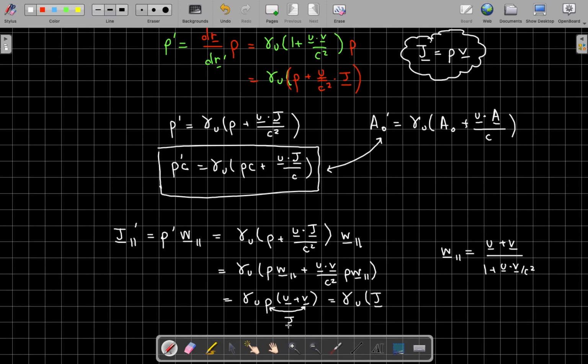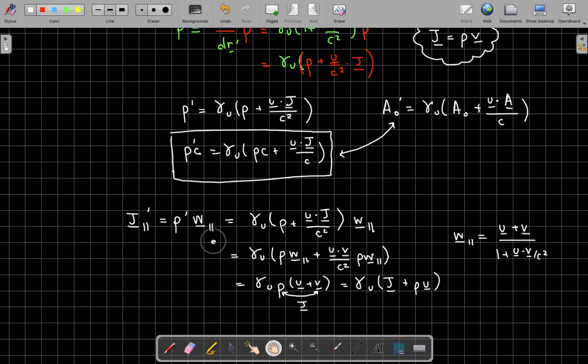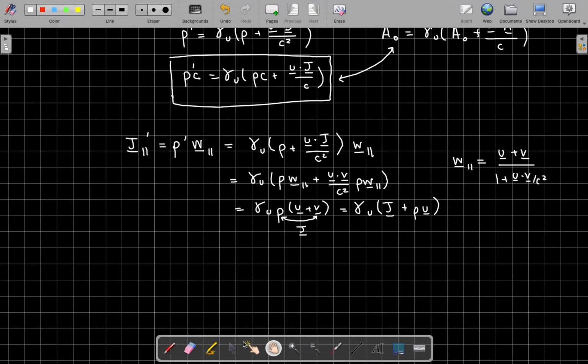That's where I get my J, plus rho U. And, well, lo and behold, this gives me another Lorentz transformation if I rewrite it in the following way. If I write it as J parallel prime equals gamma U J plus U over C rho C. So there you go.